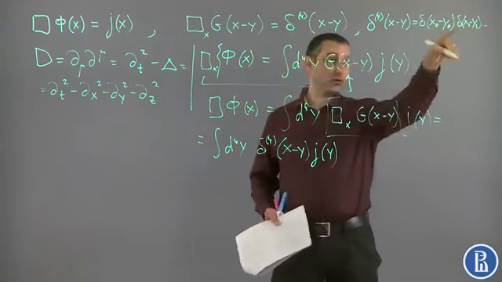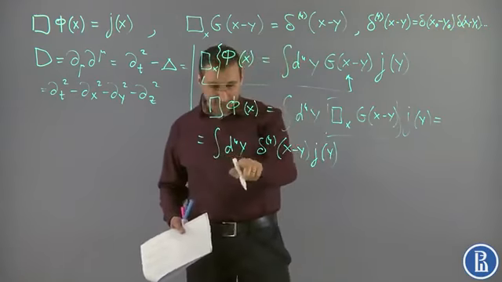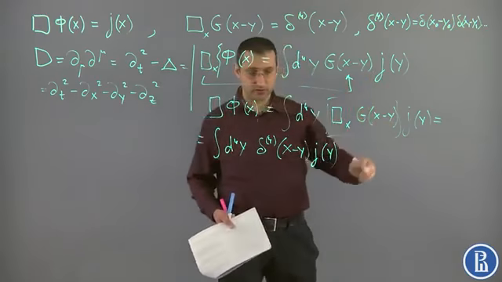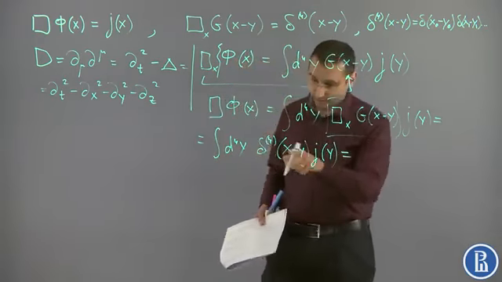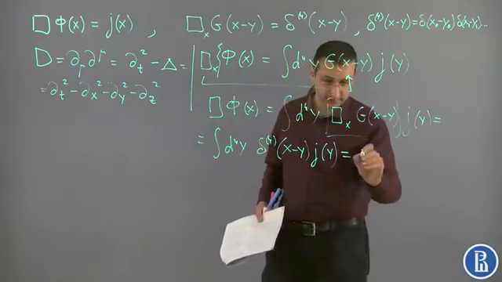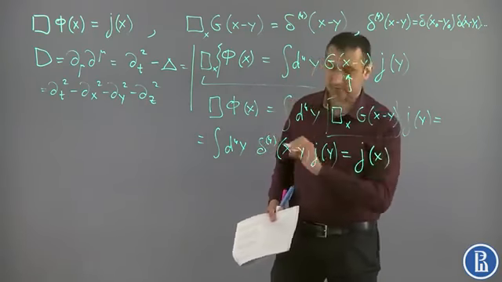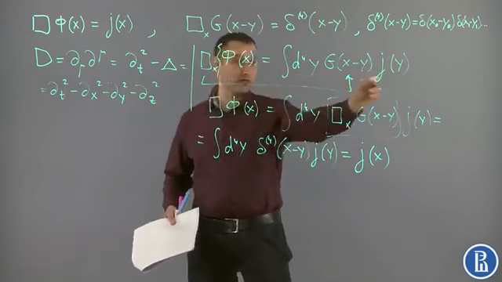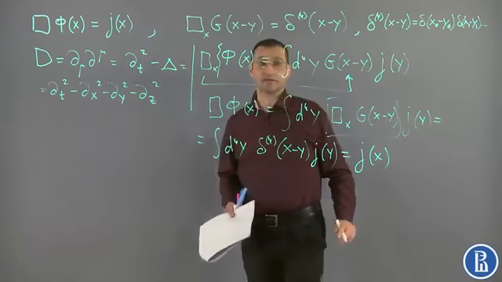So we have a product of 4 delta functions and 4 integrals, over y0, y1, y2, and so on. Taking all these 4 integrals with 4 delta functions, we obtain j of x. So we obtain this equation. Indeed, this phi of x solves this equation.